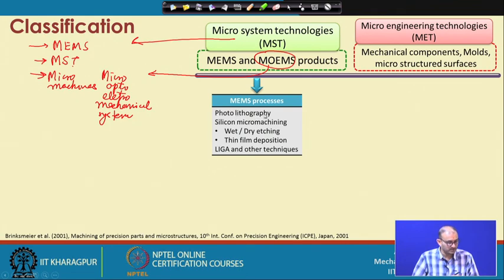So, here photolithography is there. Other than photolithography, we have ion beam lithography, X-ray lithography, electron beam lithography also. Silicon micro machining, we can do micro machining by etching also, that we have seen in the last slide, and thin film deposition. Suppose now you want to create these features.